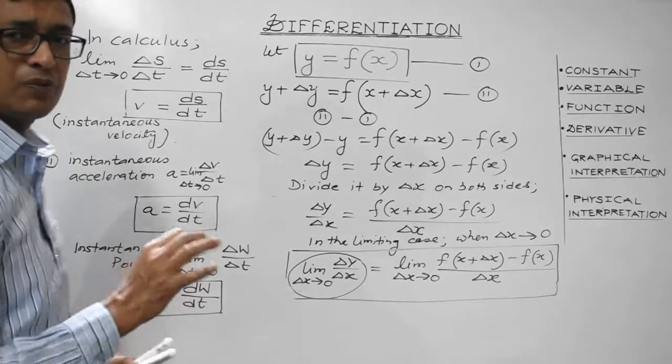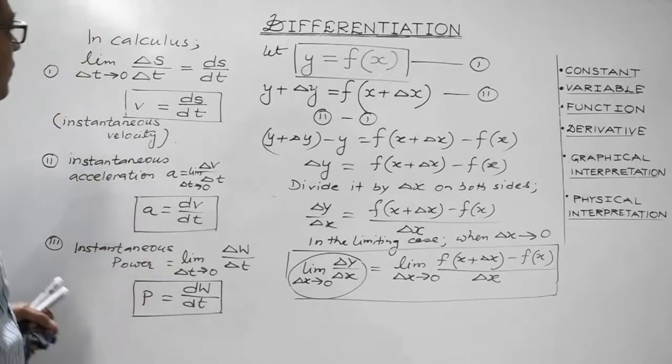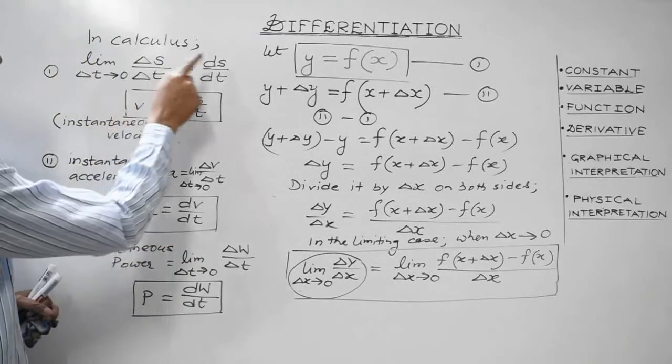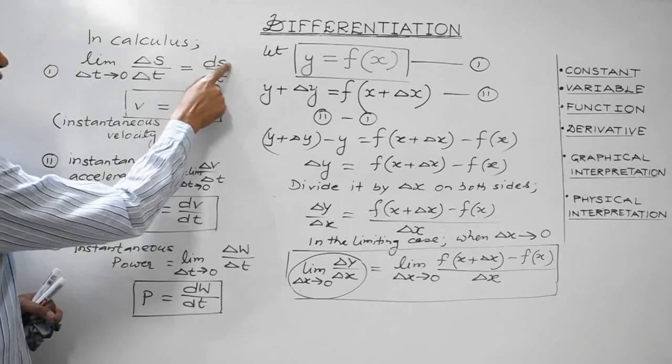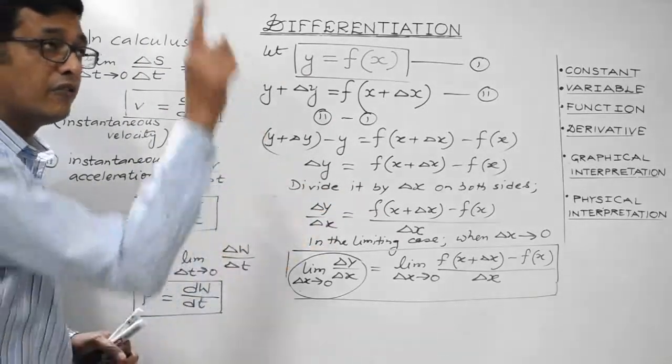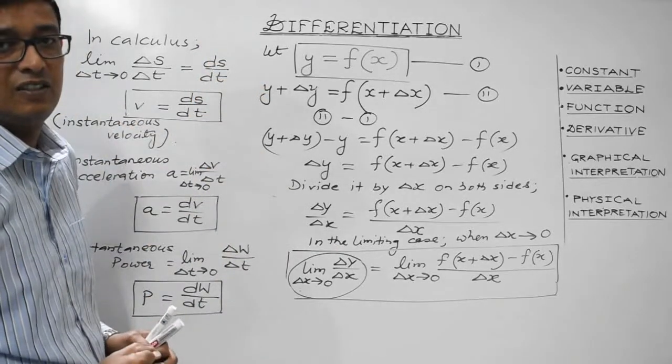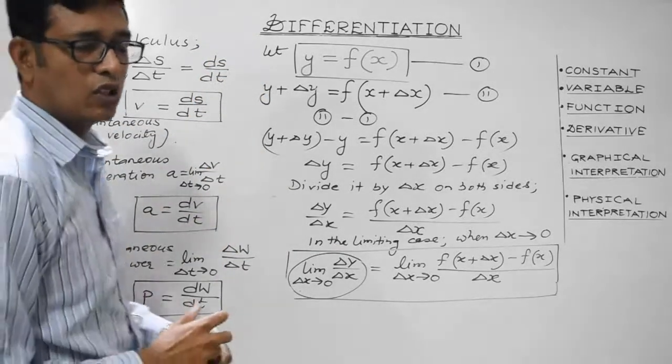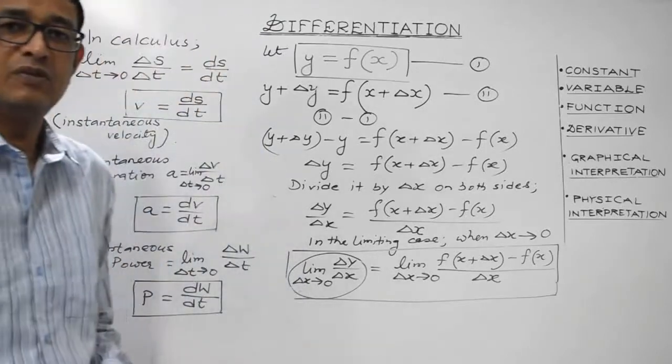So here I must mention that the differentiation of a variable is always with respect to another variable on which the first variable depends. So students, what about the differentiation of any constant term? Constant.